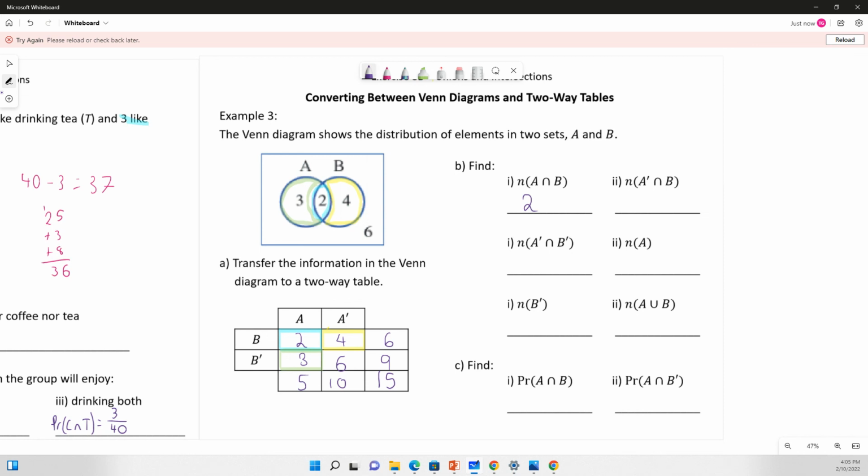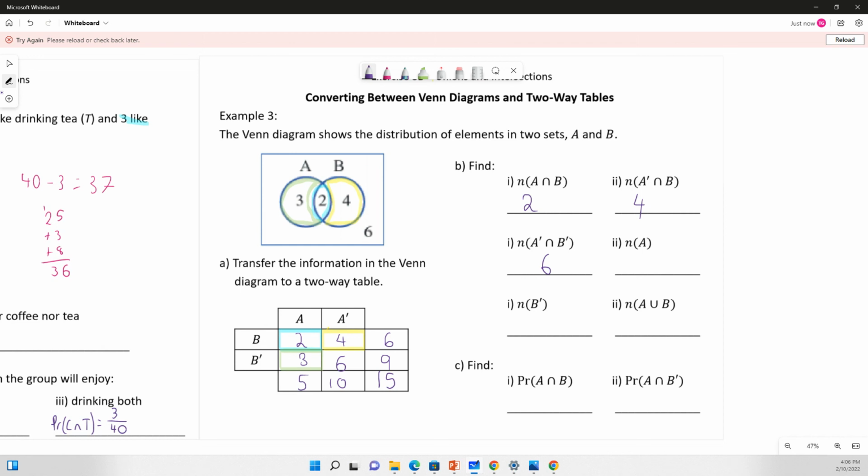I kind of like the two-way table for this one. So what is not in A but is in B? That is 4. What is in neither A nor B? The intersection of not A and not B. What's in not A and not in B? 6.